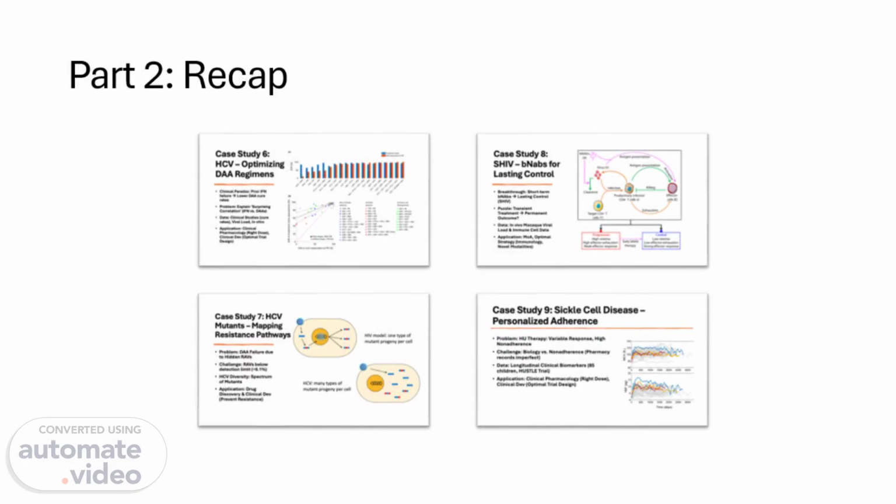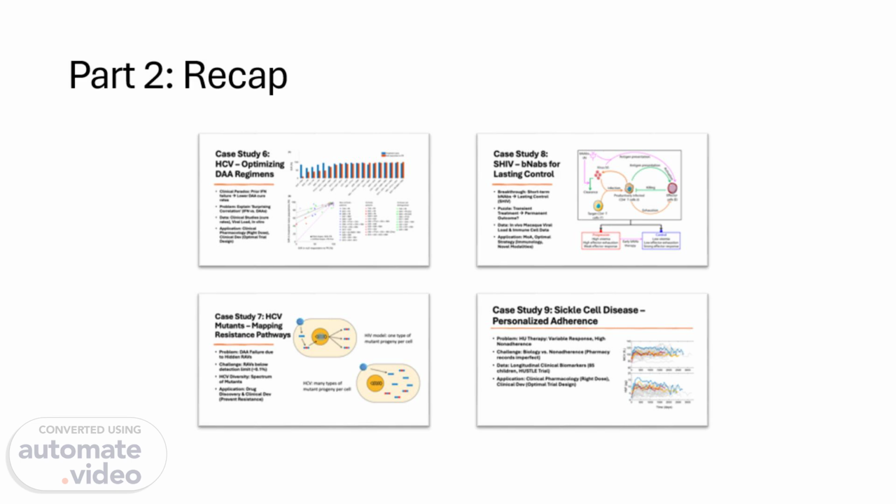To quickly recap Part 2, we've explored 4 key areas where our modeling optimizes therapies. We began with HCV, optimizing DAA regimens through multiscale modeling for personalized dosing. Then we tackled HCV mutants, mapping resistance pathways with a hybrid approach to prevent treatment failure.